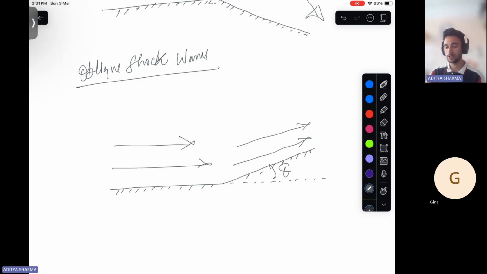Because we have tilted this wall upward. But this is not a normal kind of flow; in this case, the flow is supersonic. So with this direction, we get this oblique shock.